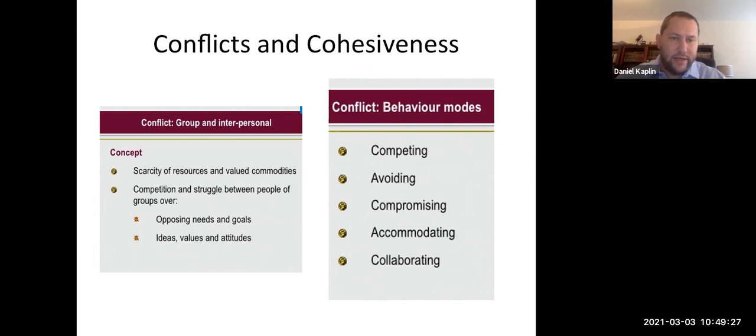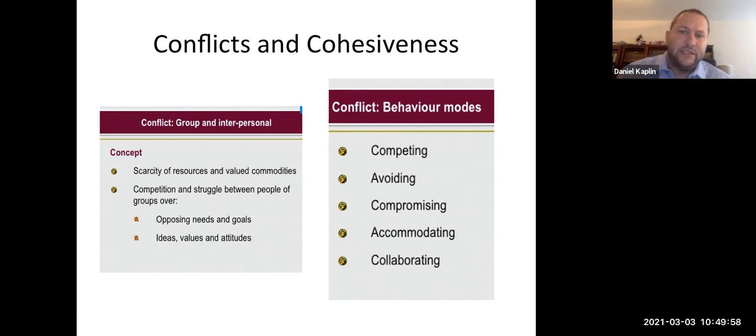So there's going to be a battle for attention, a battle for approval, a battle for prevailing ideas, and so forth. So people will compete. Now, the goals of the group, the needs of the group, there could be conflict, the ideas, the values, and attitudes. I think I said some of that already.